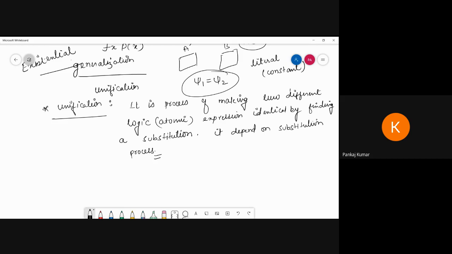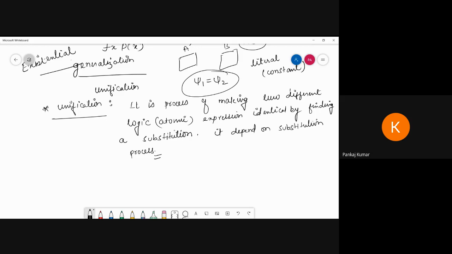So this is the definition of unification. Maybe they will ask you in the one marks: what is unification? So we can write: it is the process of making two different logic, basically atomic expressions, identical by finding a substitution. We can also write: we can take two literals as an input and make them identical using substitution.